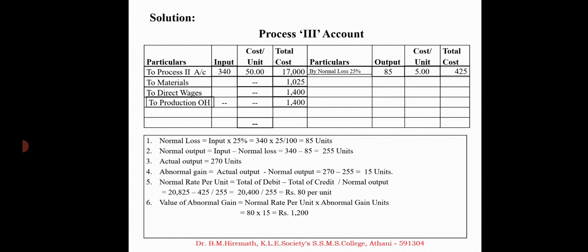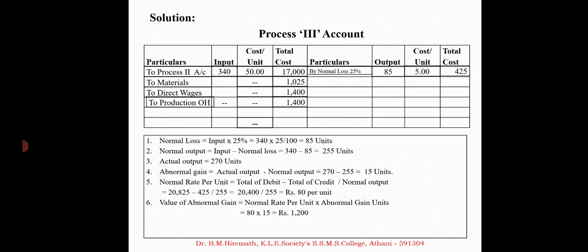So abnormal gain is equal to actual output minus normal output, is equal to 270 minus 255, is equal to 15 units. Means abnormal gain units are 15 units, means we have produced 15 units more than the expected units.